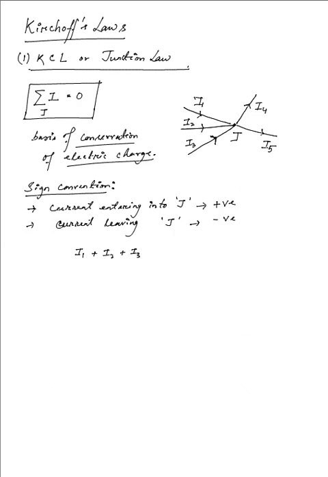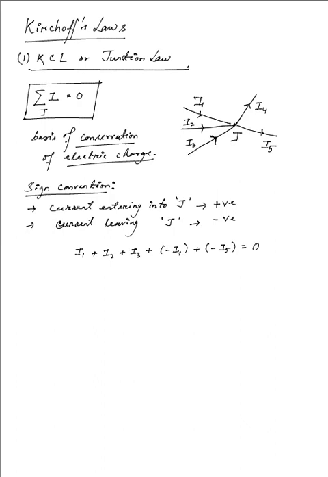Now I1, I2 and I3 all are taken as positive because they are entering into the junction. Then we add up the negative of I4 because it is leaving the junction, and so does the current I5. They are added because we are summing, however the sign conventions are that they are to be taken as negative.